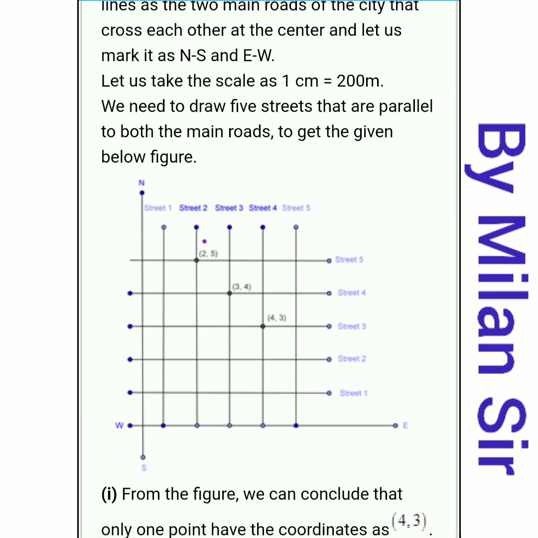That means this is our (2, 5). The 2 shows the number of the line in the north-south direction, and 5 represents the number of the line in the east-west direction.